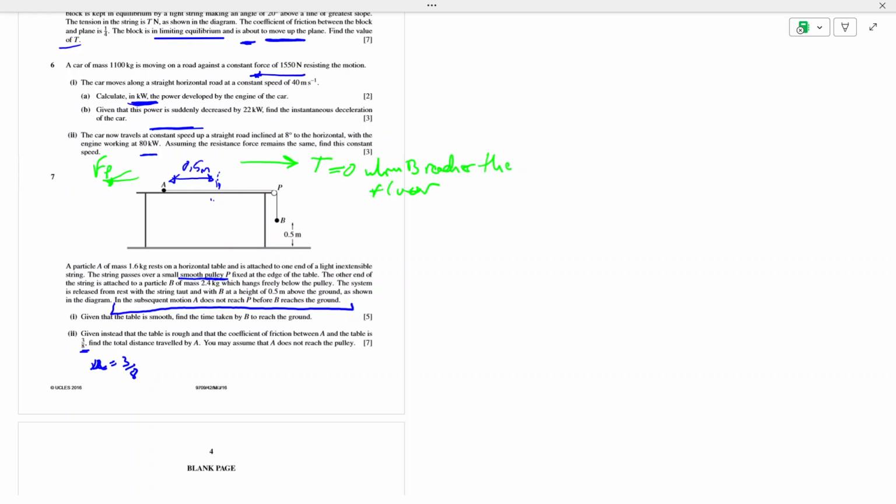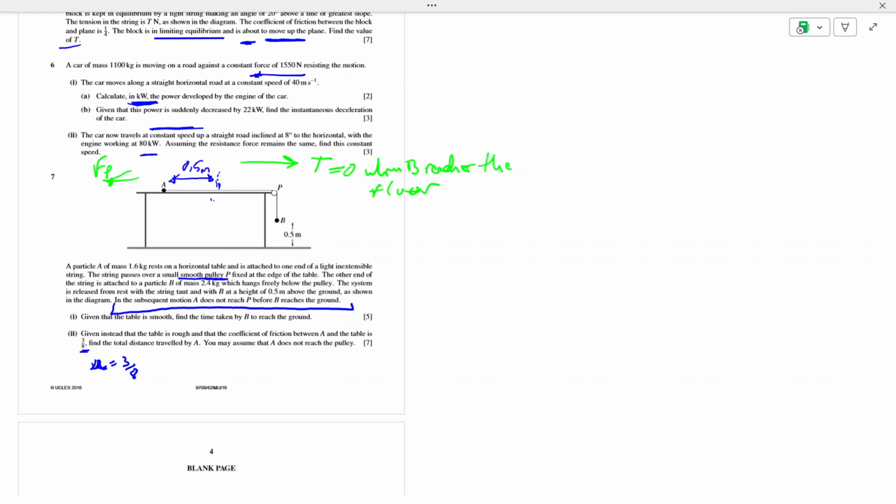So what we're going to do, the first method, there are actually 2 methods. The first method that I'll do is the intuition one, where I will calculate the acceleration, then the velocity that A has after it has moved 0.5 meters. When I've calculated that velocity, I'm going to calculate the deceleration, since it's going to have a constant frictional force in the opposite direction.